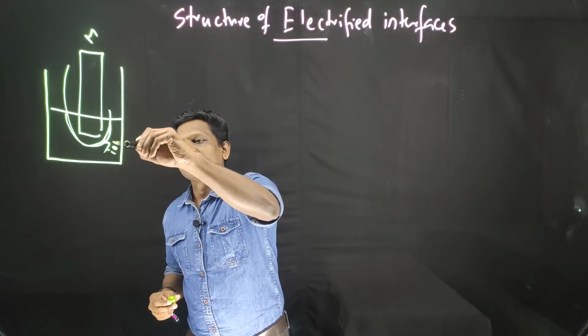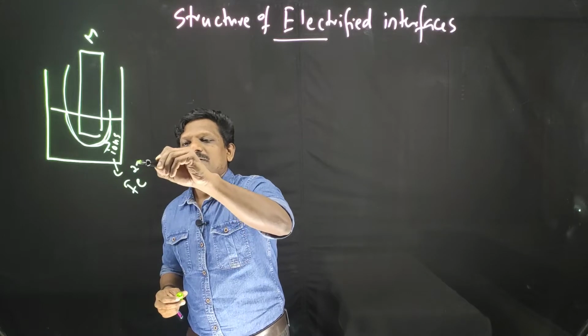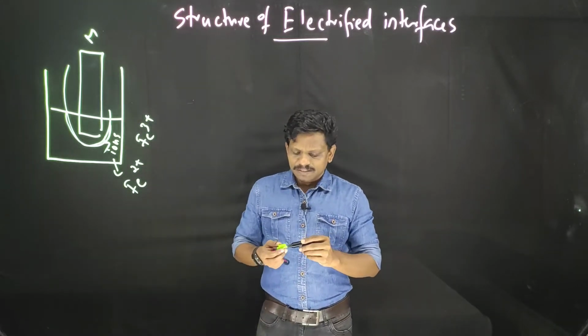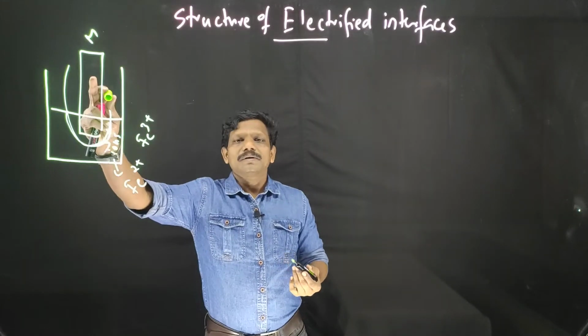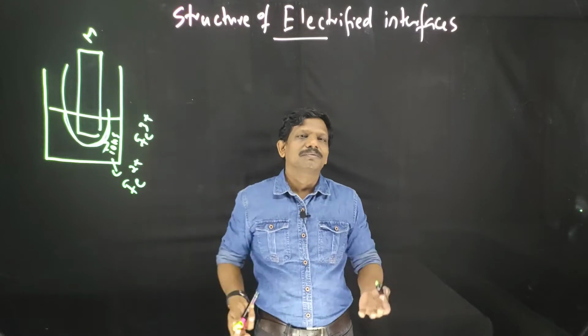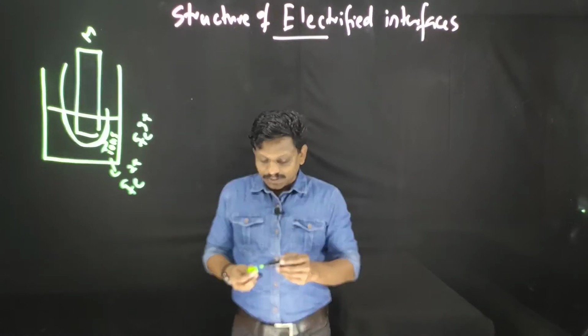Here you can see the ions, sometimes Fe2+ or Fe3+. Already we discussed how the charge develops on the metal. So sometimes the metal will be positively charged, and at other times negatively charged.